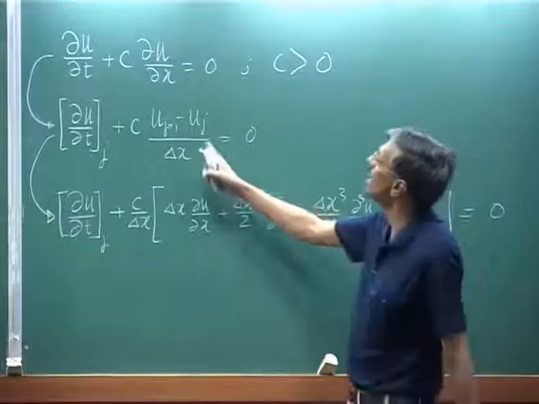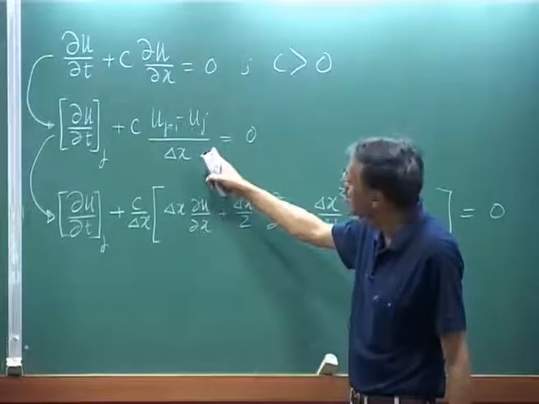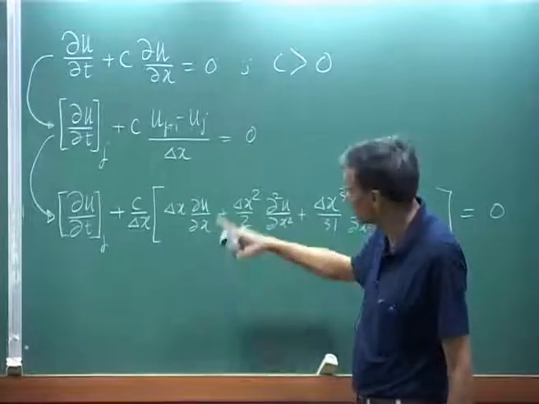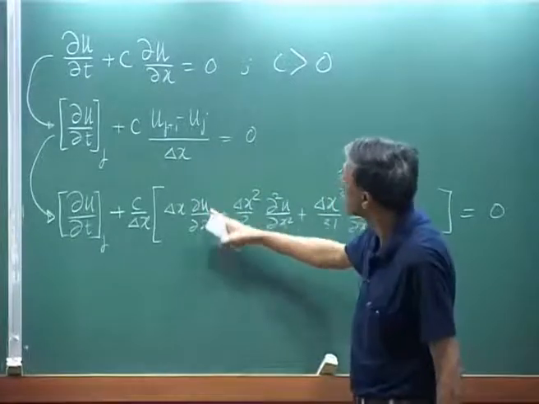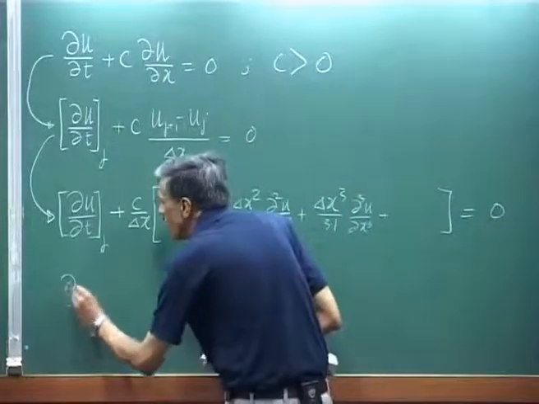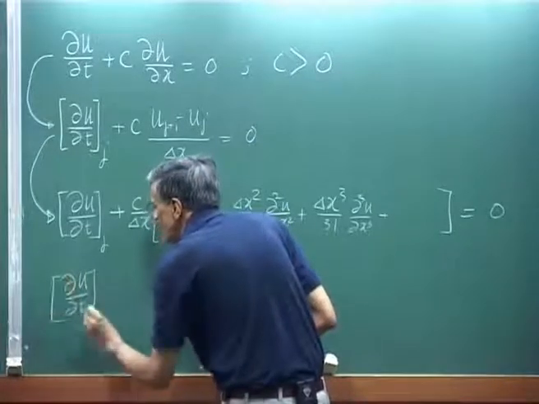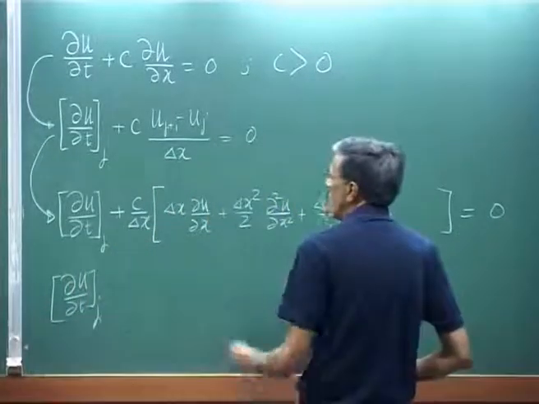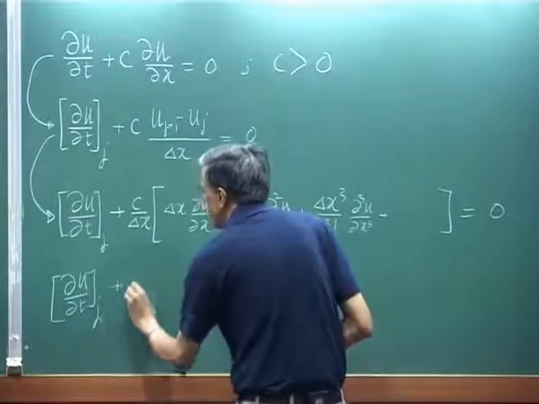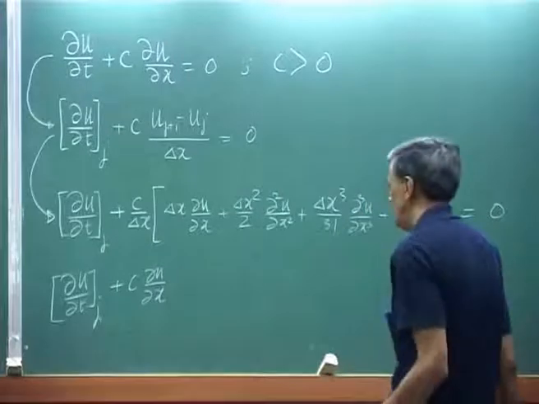That is what it means. If the numerical operation amounts to taking step 2, that is equivalent to a corresponding differential equation of this form. Then of course, this I will get as C du dx, okay.